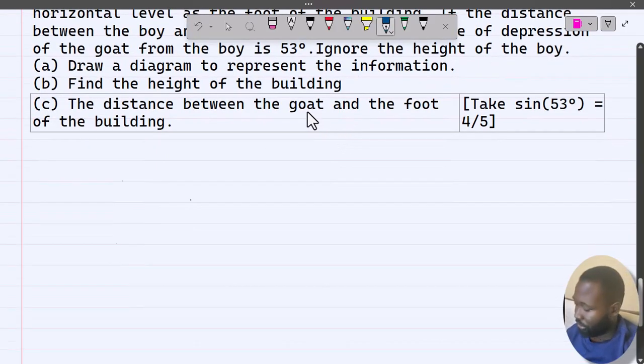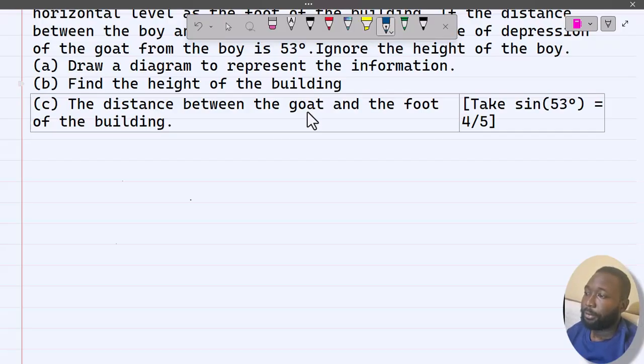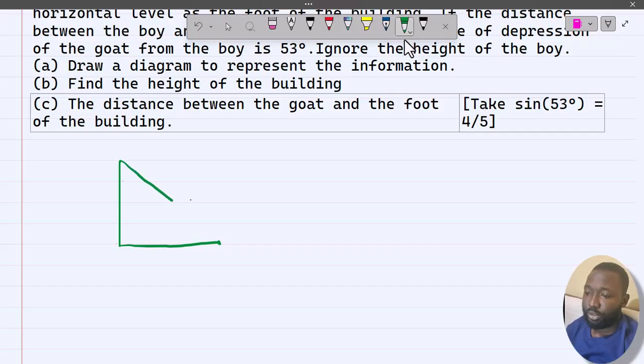So for A, we want to draw or illustrate the information, or the diagram. We can say this one here, and then this one here, and then this one here.